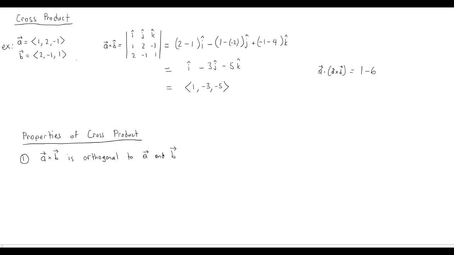And it'll be plus negative 1 times negative 5, so plus 5. And so indeed the dot product is 0, and I won't do it, but you can check for yourself pretty easily. The dot product between B and A cross B should also be 0, okay? Alright, so the cross product of A and B is orthogonal to both A and B. Okay. That is probably the most important property of the cross product for us.